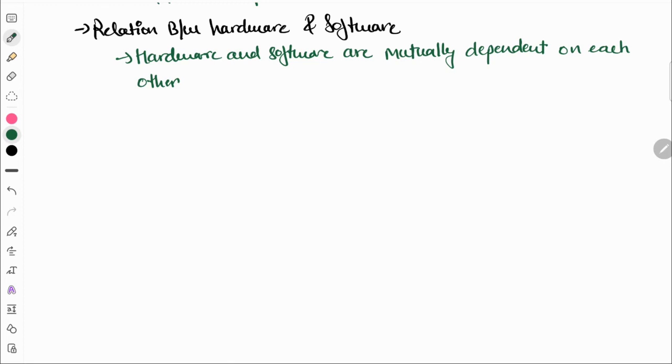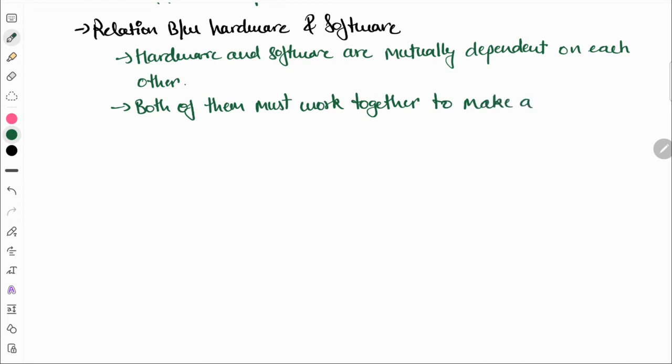Both of them must work together to make a computer operable.